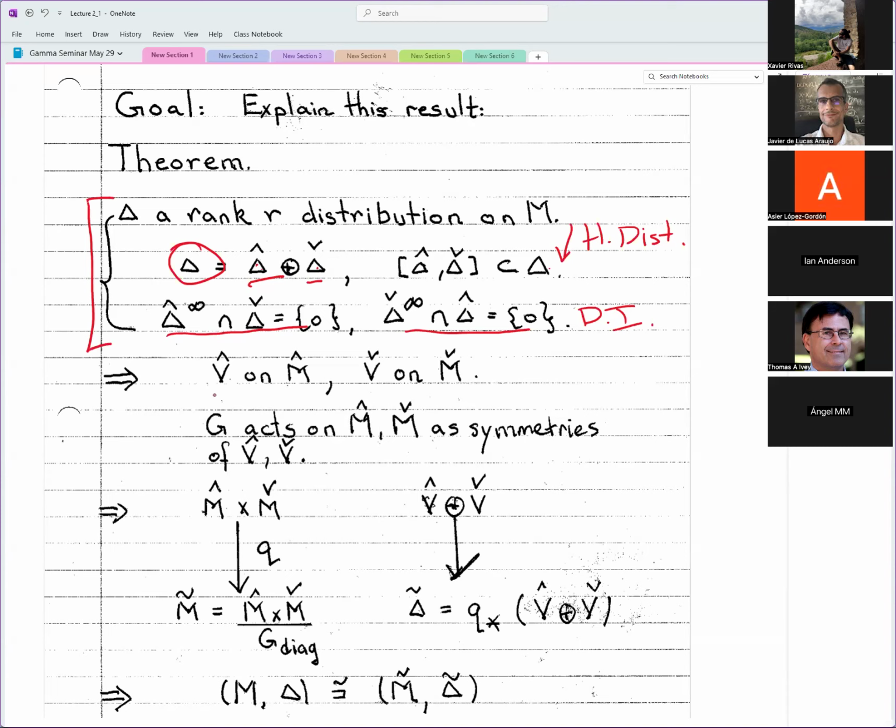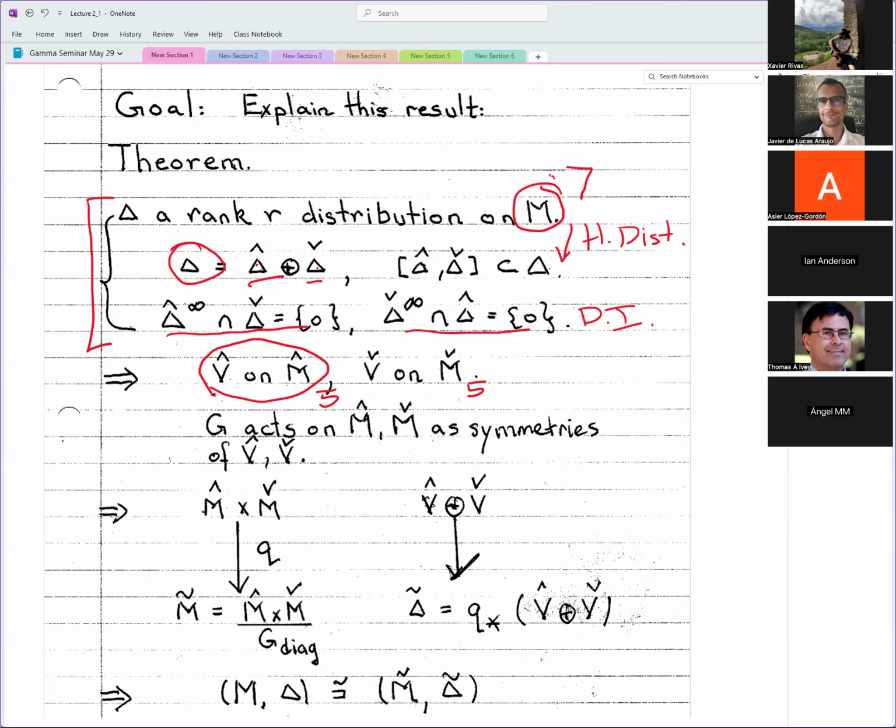And the conclusions are three things. One, there's a distribution V hat on a smaller manifold and another distribution V check on another manifold. In the classical case of PDE, like the Liouville equation or wave equation, this manifold would be of dimension 7, and these two manifolds would be of dimension 5.